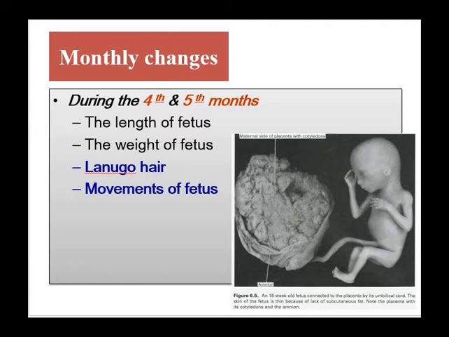It's around half of the pregnancy now, and we can also notice that by the end of the fifth month, the weight of the fetus is around 500 grams, and also we can see yellowish hair. It's called lanugo hair, and also we can easily recognize the fetal movement, and the mothers can recognize the quickening of the fetus easily.